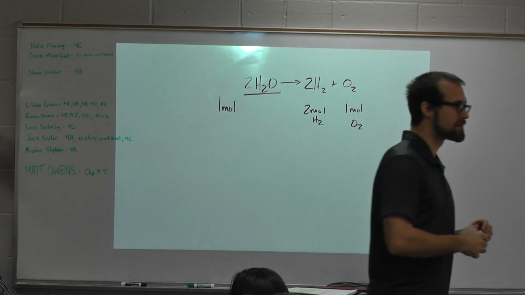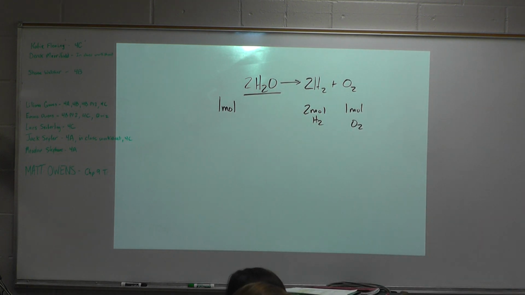You don't know what that means? If I said I had 2 moles of oranges and 2 moles of apples, you couldn't tell me what that means? You've got 6.022 times 10 to the 23rd times 2 hydrogen. I have twice as many particles of hydrogen gas. Does that make sense?